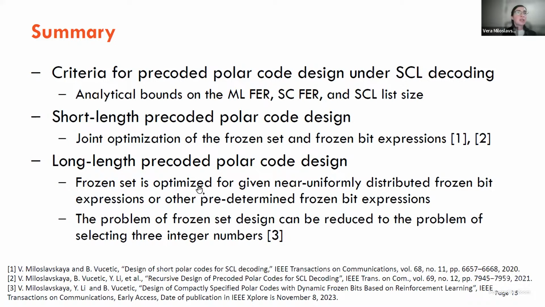And further, it also appears that it is good to impose a very strict constraint on the frozen set structure, to create frozen sets parameterized just by a couple of parameters and then find the optimal values. And this is instead of optimizing a large set consisting of plenty of bits.